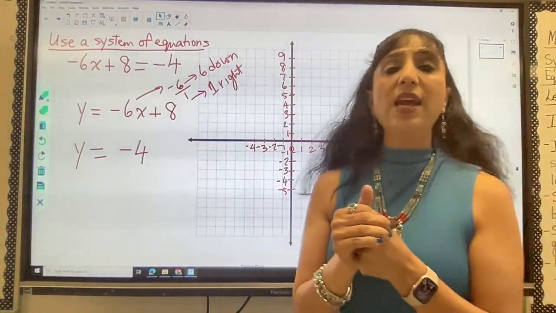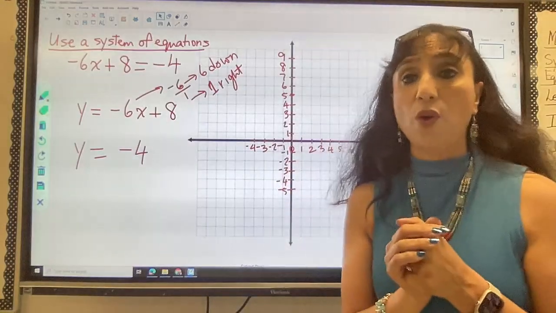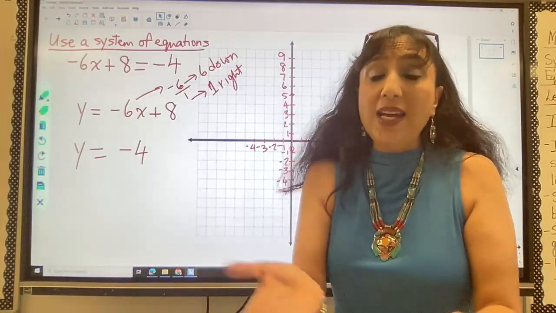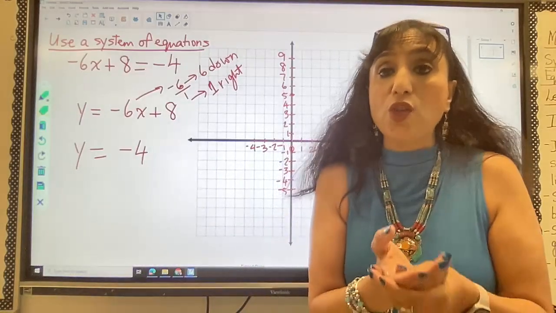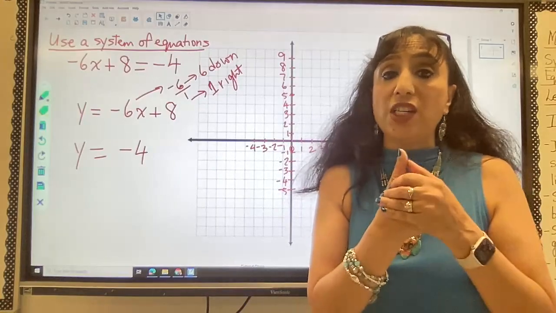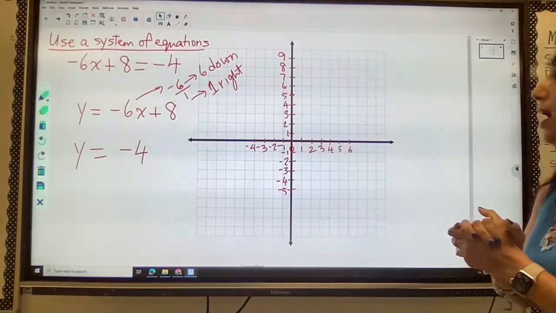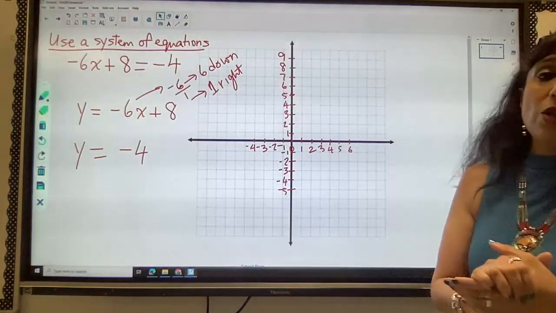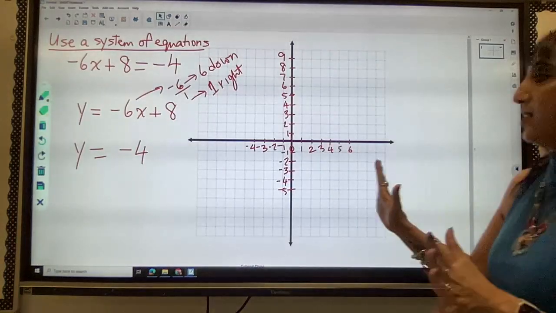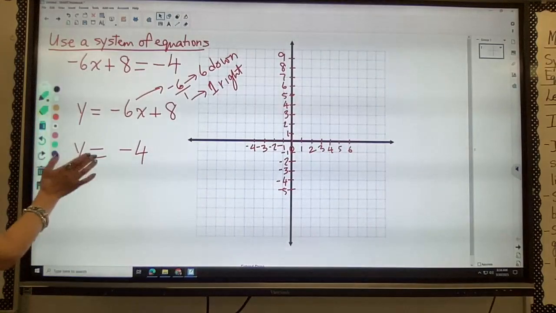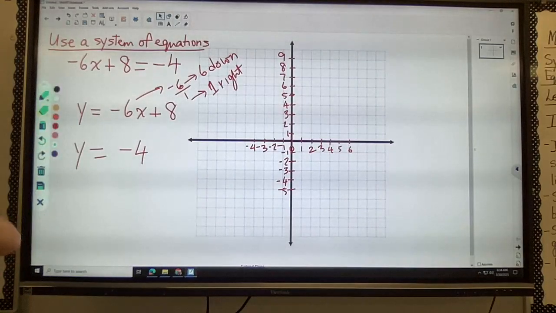The other one is saying y is equal to negative 4. So no matter what x is, y is going to be negative 4. So it's going to be a straight horizontal line. Okay, so let me go ahead and plot y is equal to negative 4 first. And let me use green.